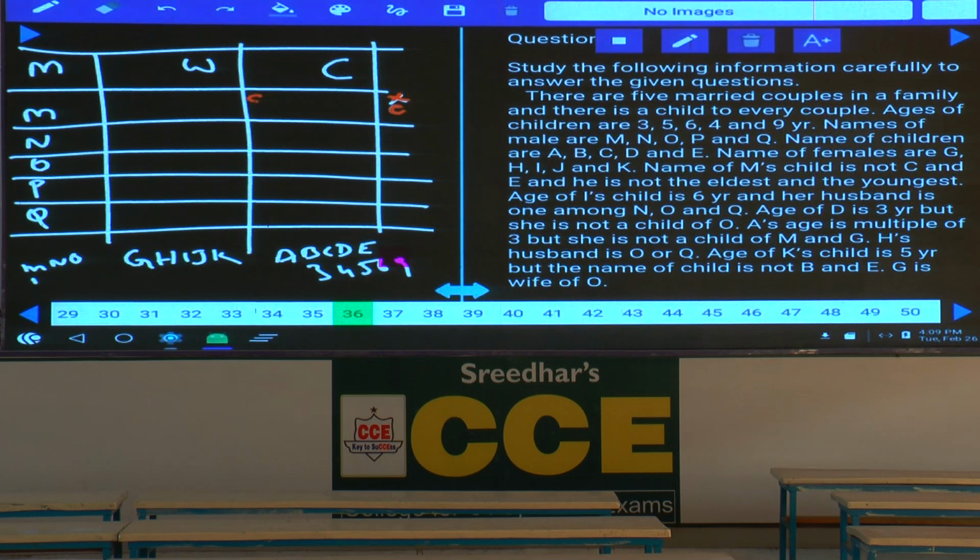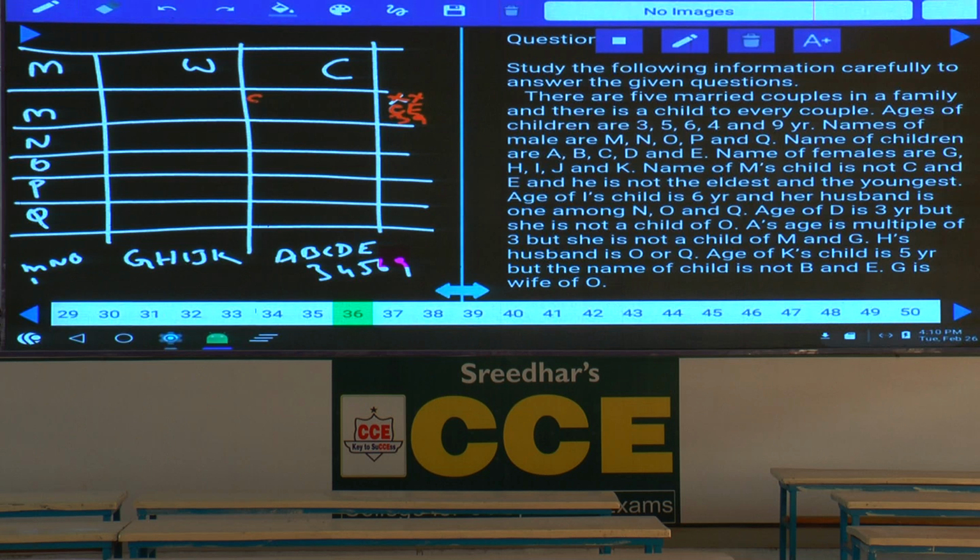Name of M's child is not C and E. C and E cannot be in this place. He is not the eldest and the youngest. It cannot be 3 and 9. Isn't it? Cannot be 3 and 9.